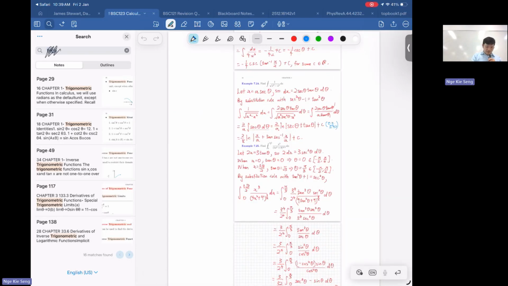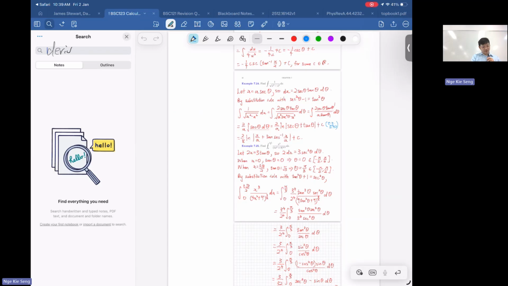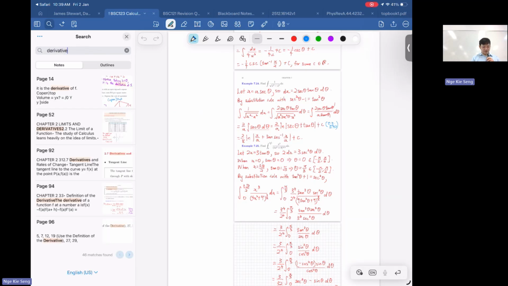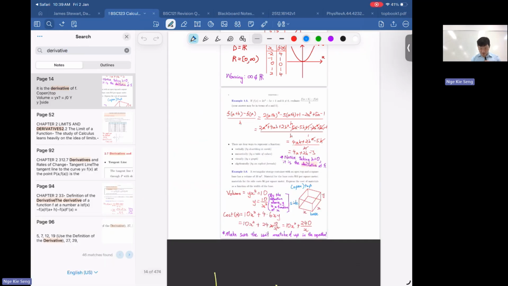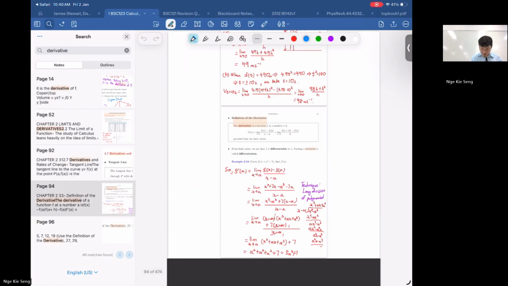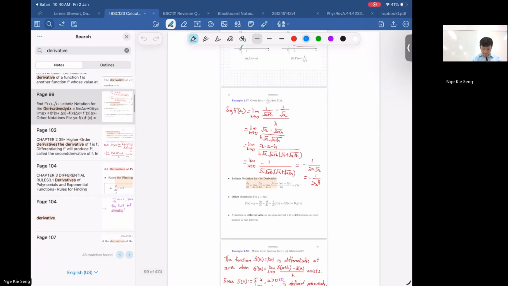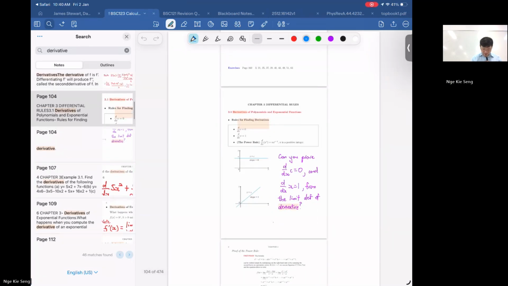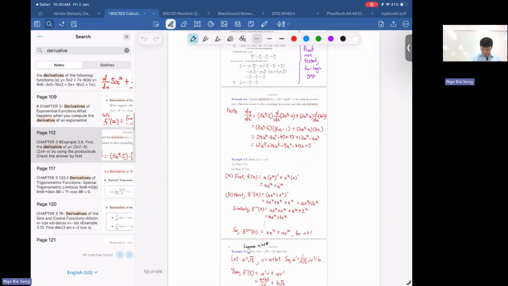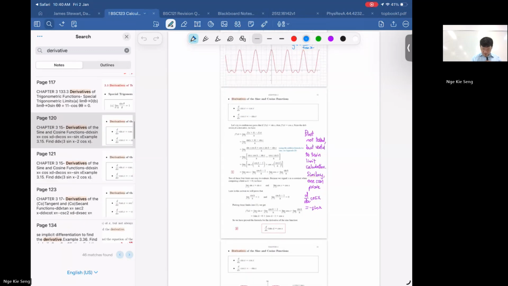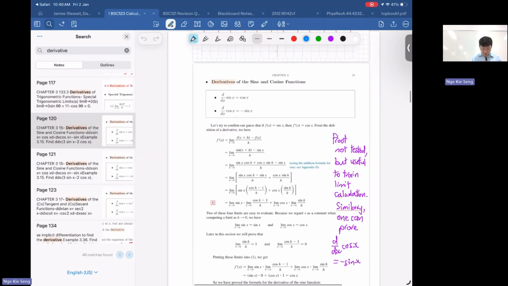So let's go to the derivative section. Now, this is what I say. Although we are focused on chapters 5, 6, 7, 8, we still need to go back, for example, to chapter 3, to learn about the derivative.